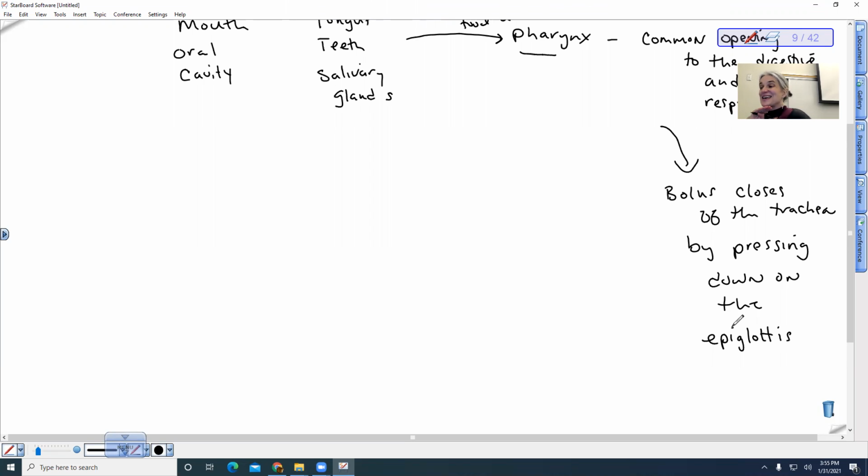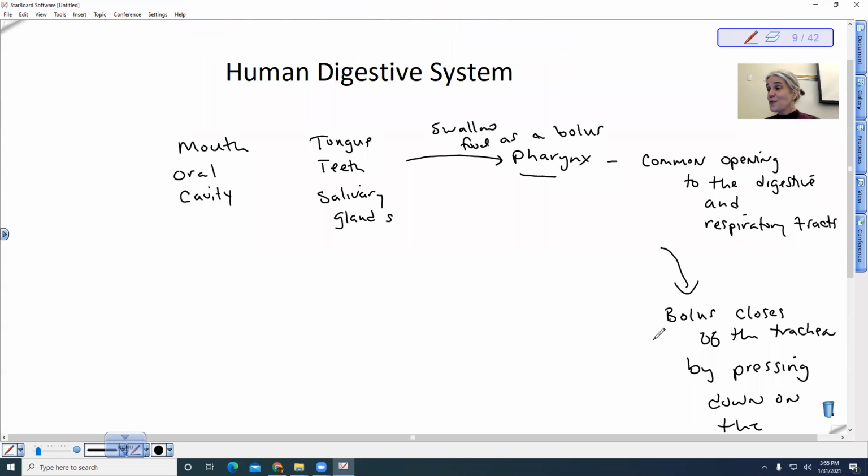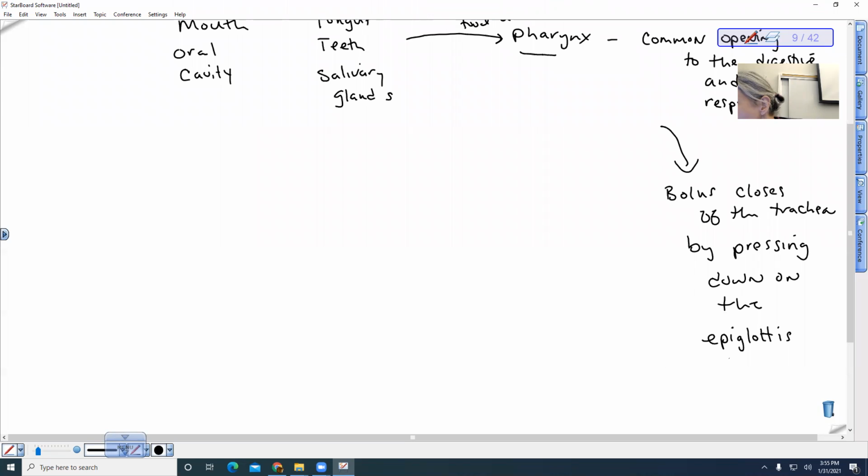The epiglottis is cartilage, and it's just the pressing down of the food when you swallow that keeps it from going into your trachea, and the esophagus is behind the trachea. So it funnels food and liquid into your esophagus and away from your lungs. That would be the first part of the digestive system. So the food and liquid go into the esophagus.